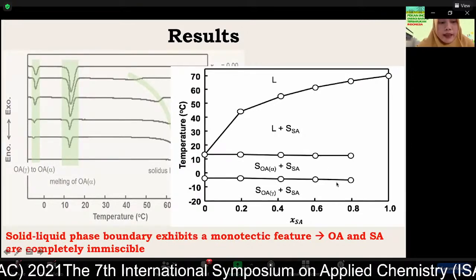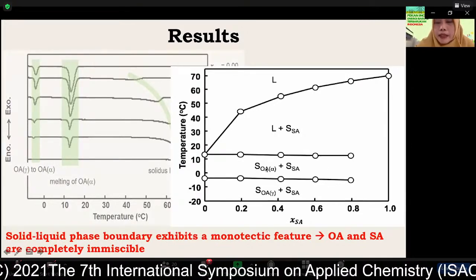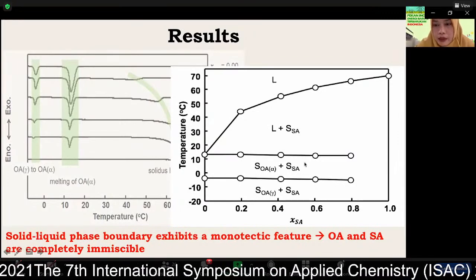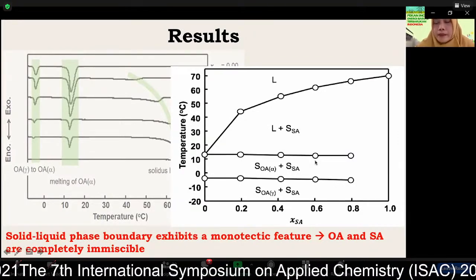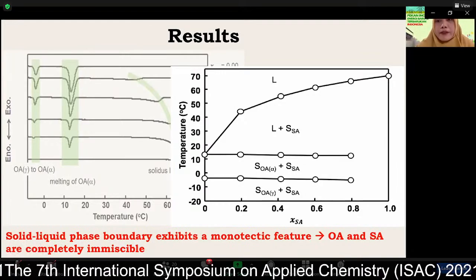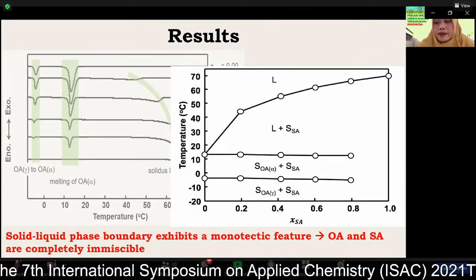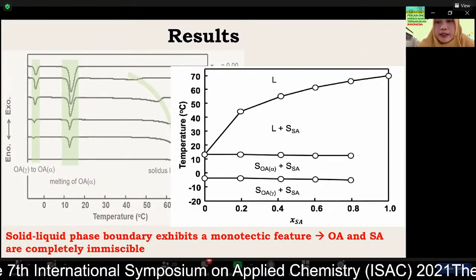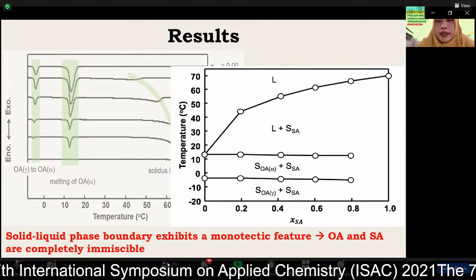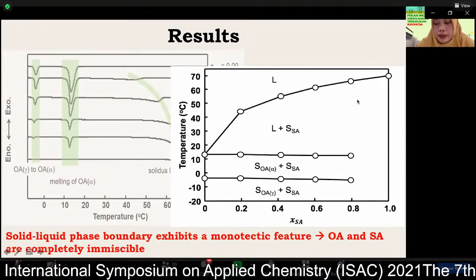So oleic acid and stearic acid are completely immiscible as solids. And by this binary phase diagram, we understand that theoretically stearic acid and oleic acid can be separated easily.